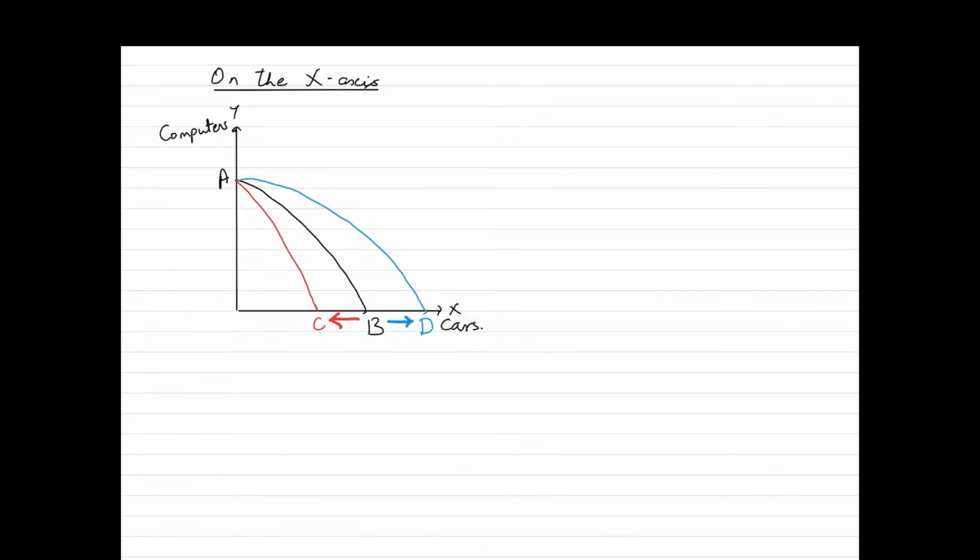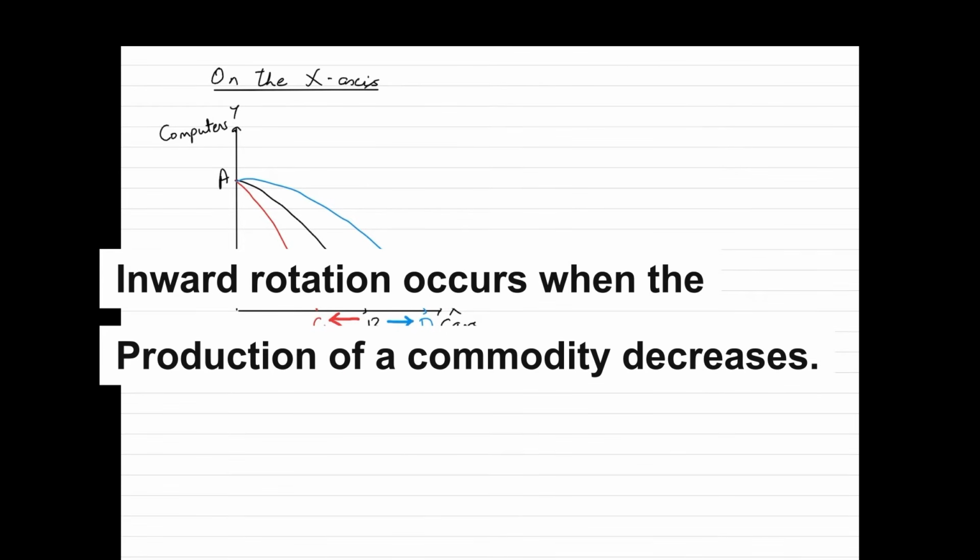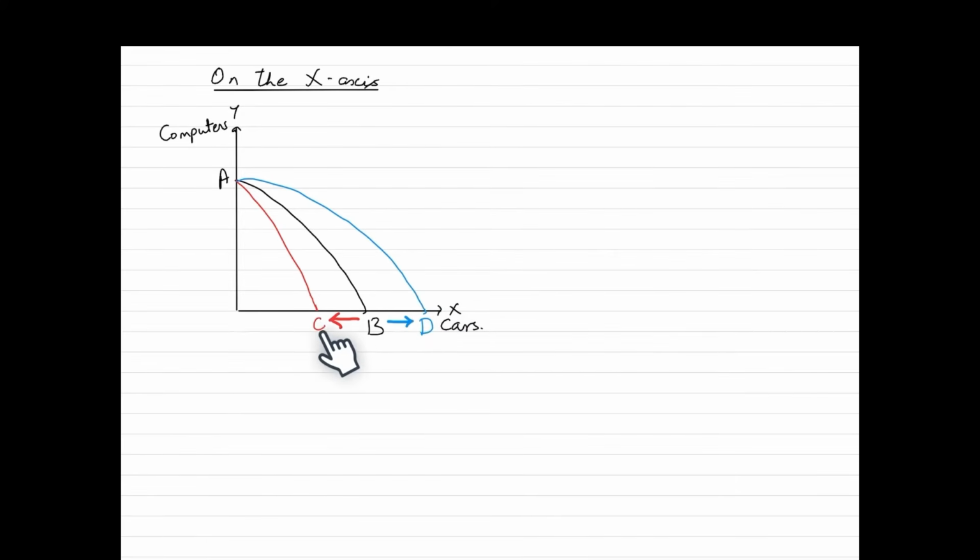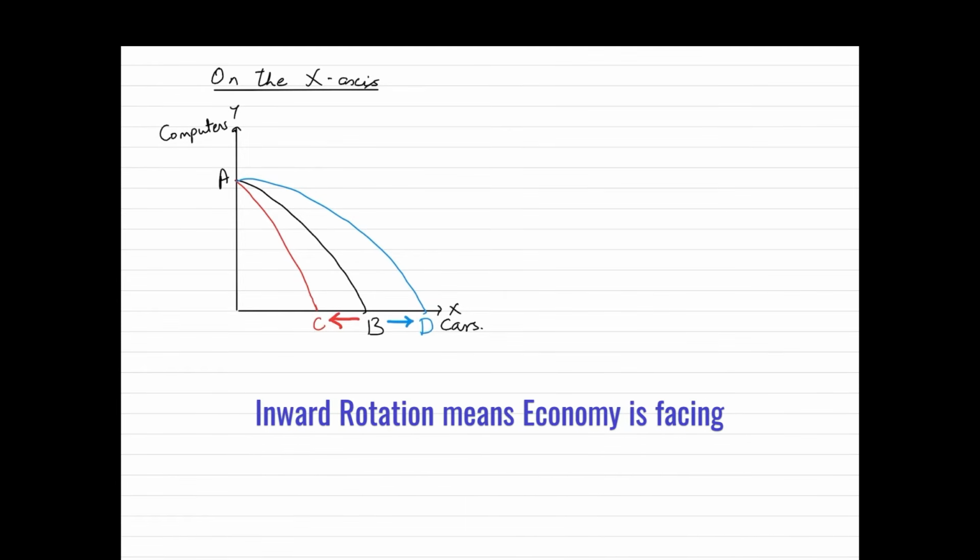A PPC curve can either rotate inwards or outwards based on whether the production is becoming worse off or better off. So an inward rotation means that the production of the commodity on the x-axis, which is cars, is decreasing. So an inward rotation of the PPC curve is a sign that the economy is facing some challenges.